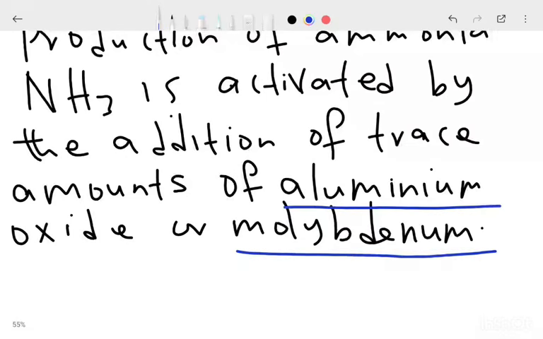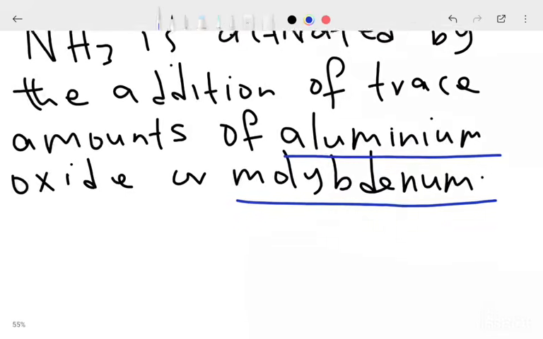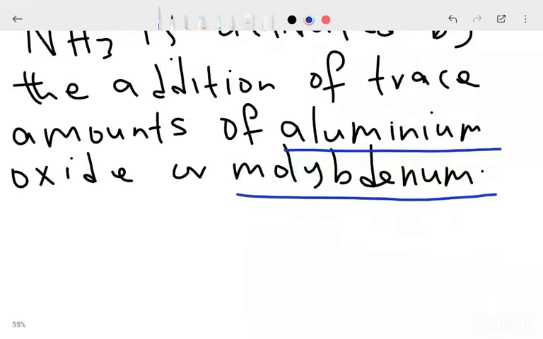Are you getting it? So they activate the catalyst, which is the iron, to function well. So if they ask you which of the following is an example of a promoter, take note, aluminum is a promoter, molybdenum is a promoter. Don't forget.